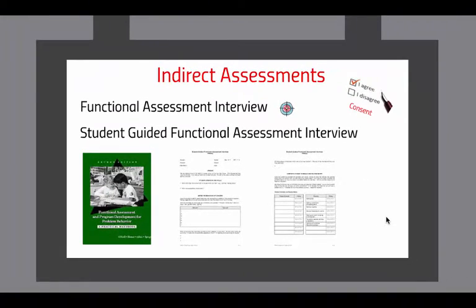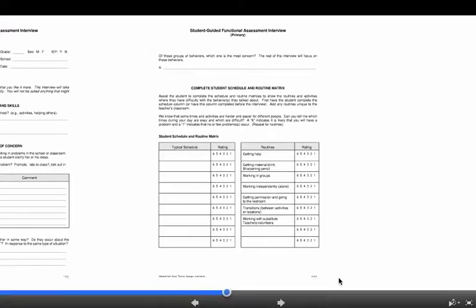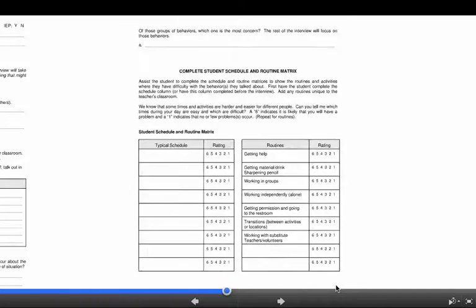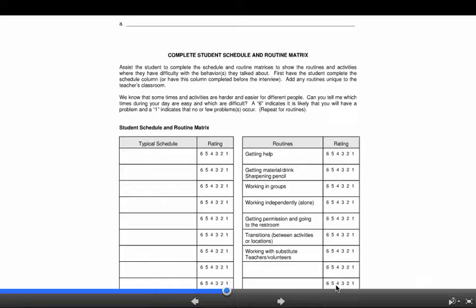But this is a student-guided functional assessment interview, and the same thing could be done with families. For example, you may ask them a series of questions in order to get a sense in terms of what may be causing behavior or what function a behavior may serve.